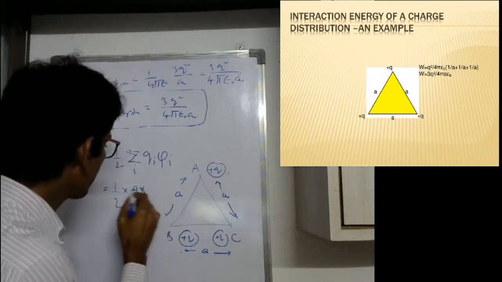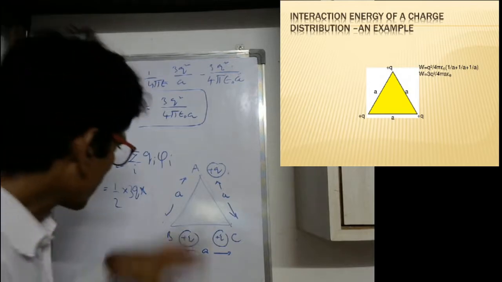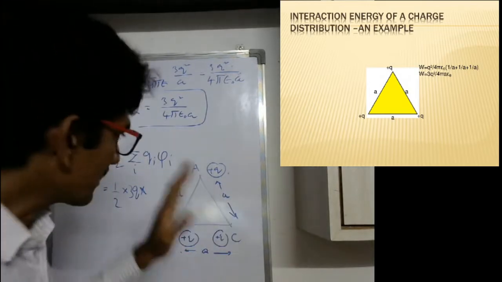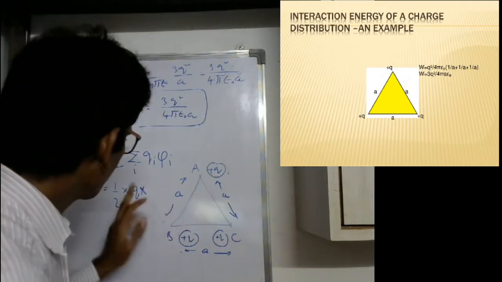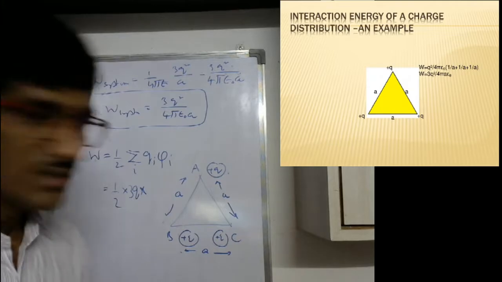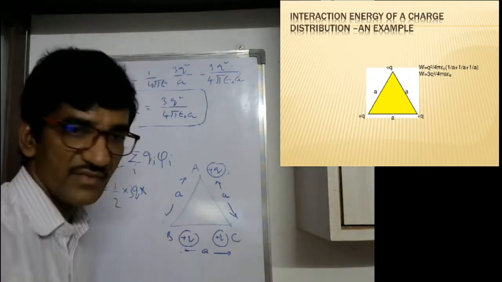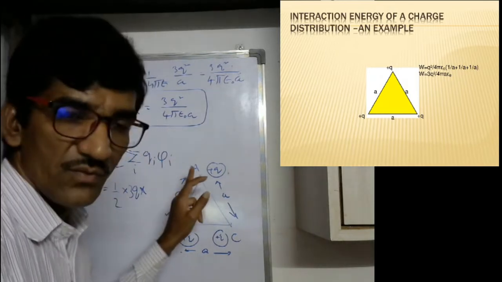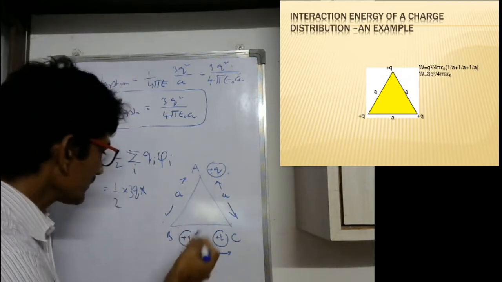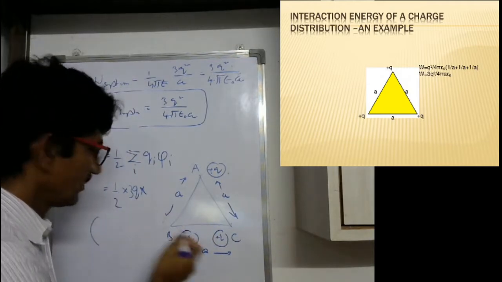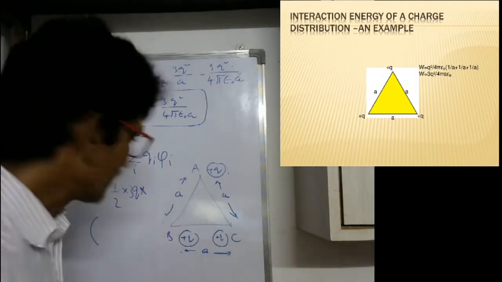So here you have to take 3q. That means we are considering the charge at A, charge at B, and charge at C. 3q into potential due to the other 2 charges at the one vertex where one charge is located.